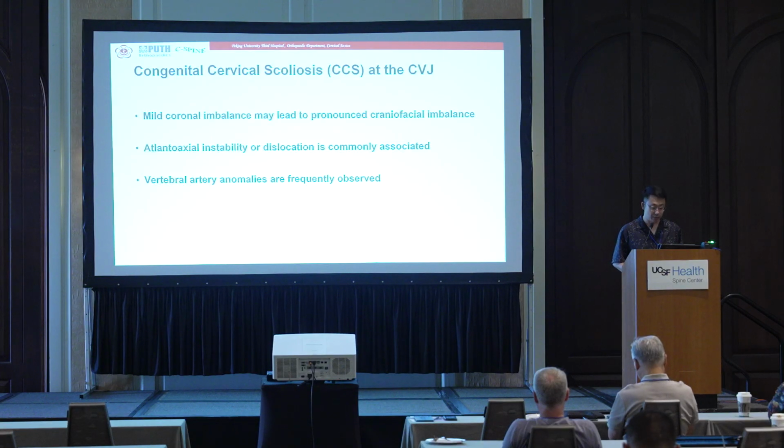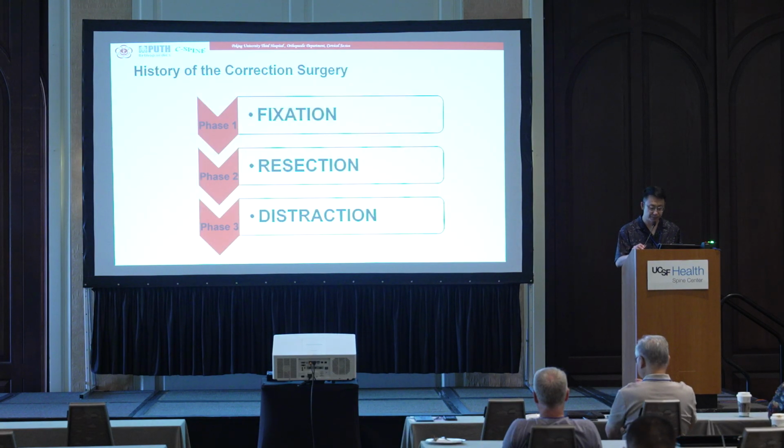during the correction procedure. For congenital cervical scoliosis at this region, international treatment strategies have evolved through 3 distinct phases. Phase 1 is local cervical fusion performed to stabilize the deformity.